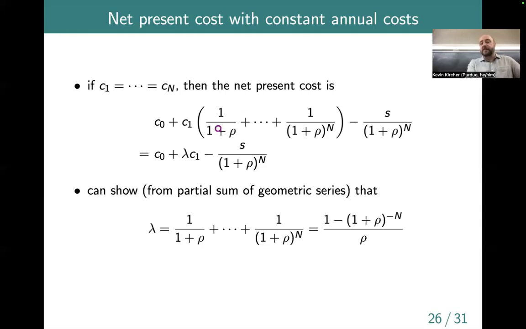It turns out that this is what's called a geometric series. If you think back to early calculus, I'm sure you wrote down or proved the sum of a geometric series. So you can write down in terms of the rho and n parameters what this lambda is. And then you'd still probably have the salvage value here discounted at rate n.